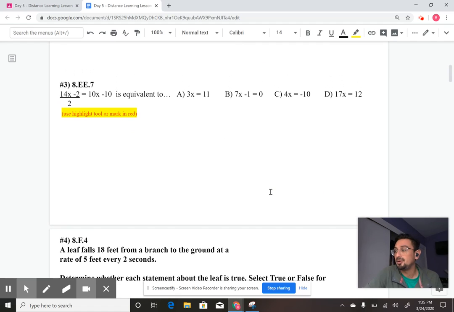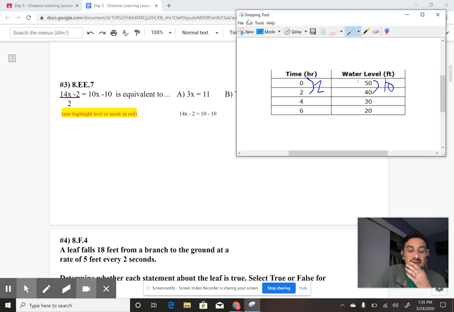And then for number 3, I noticed there's a mistake. If we were to solve it, we'll do it the long way. You guys can type it out.